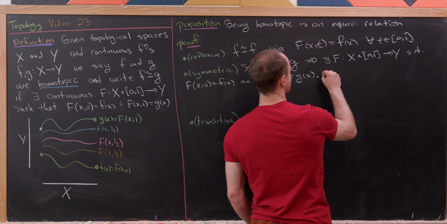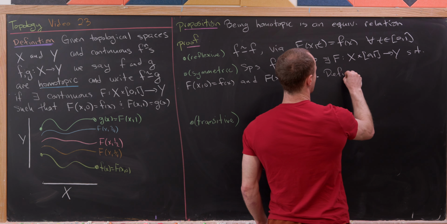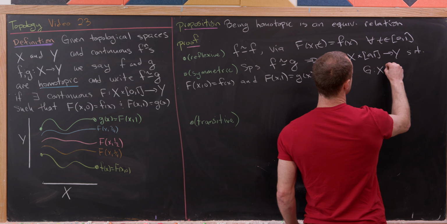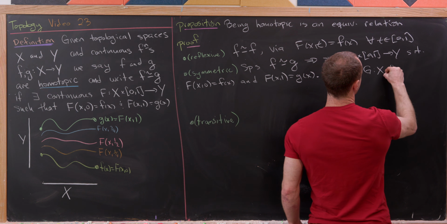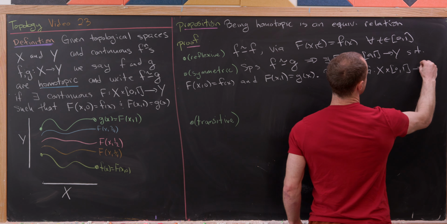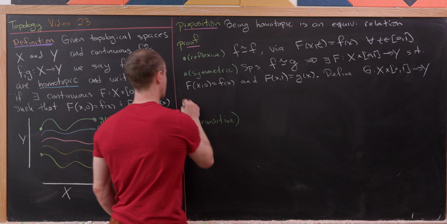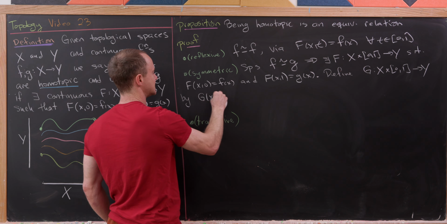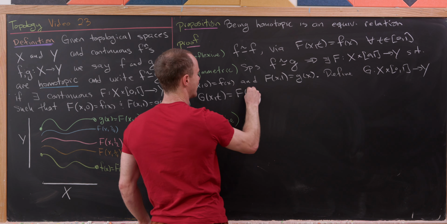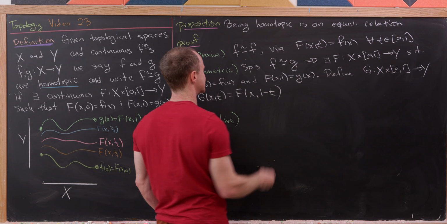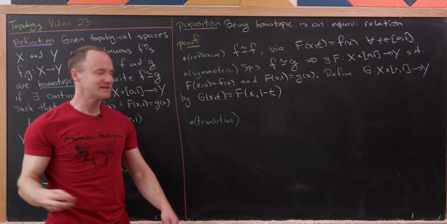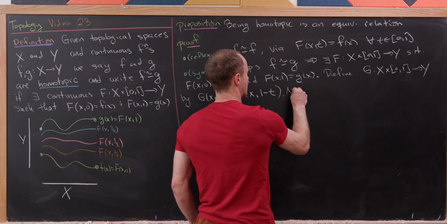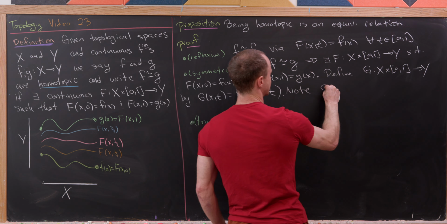So let's do that. Let's define our G, which again needs to go from X cross [0, 1] into Y, by G of x comma t is equal to F of x comma 1 minus t. This is going to essentially do it, and we'll see that via the following observation.